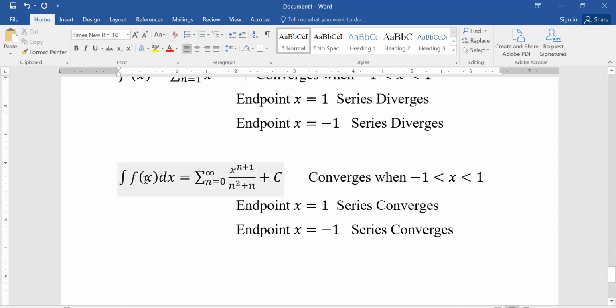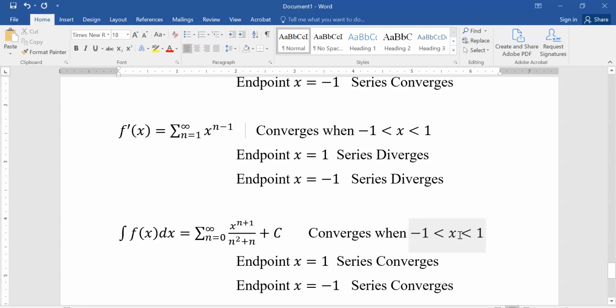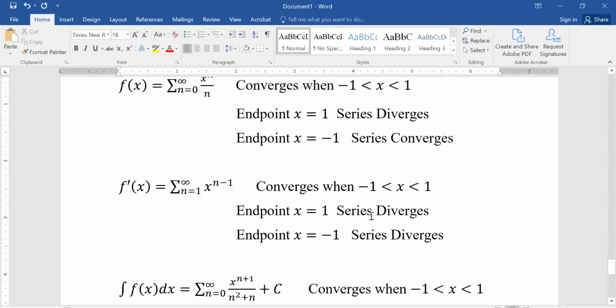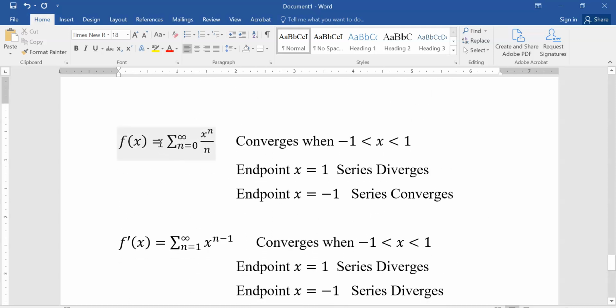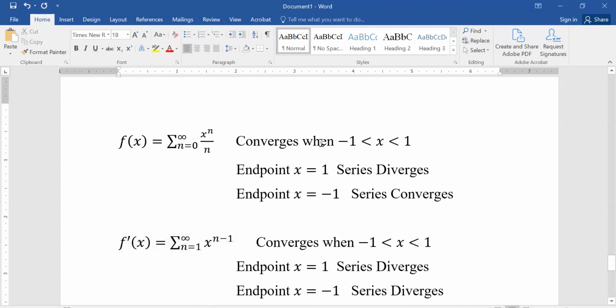But you take the antiderivative of f of x, again, it still has the same interval of convergence, but in this case, when you plug in 1, the series converges, and when you plug in -1, the series also converges. So the point is that it converges on the exact same interval, except maybe the endpoints are going to be different.